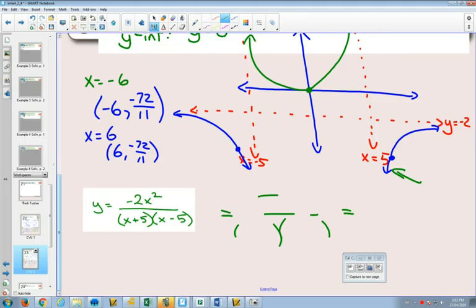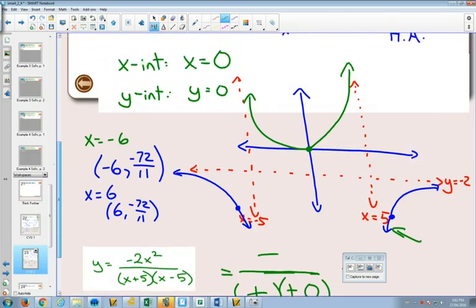When I plug in 5.1 here, this is going to be positive. And when I plug in 5.1 here, this is going to be positive and close to 0. All of those put together, a negative divided by two positive numbers is going to be negative, and because you have really, really small pieces, it's going to go down and get to be a really, really big negative number. So we were right in those sections.